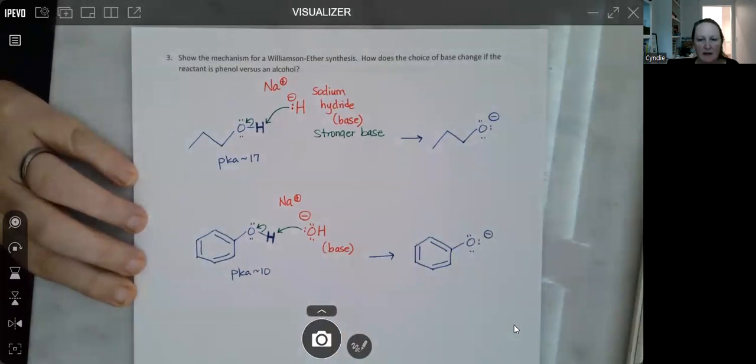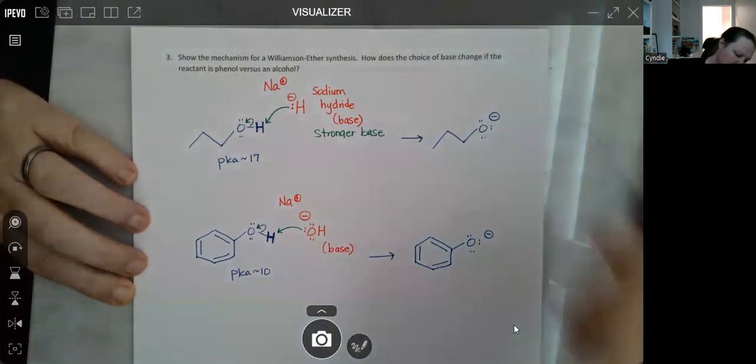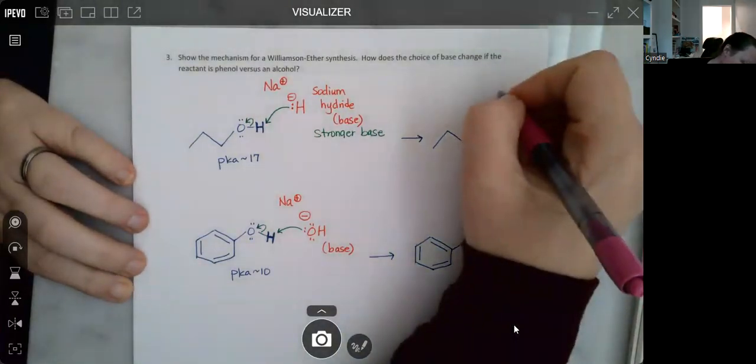And then the second step is the substitution with an unhindered alkyl halide. So it's going to undergo an SN2 substitution reaction. So we are going to draw in some sort of unhindered alkyl halide.